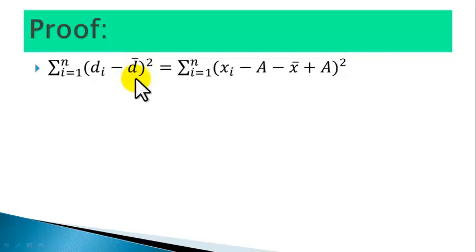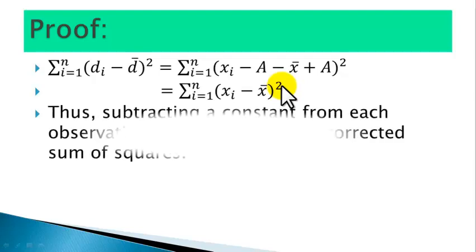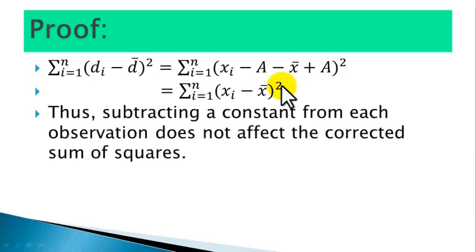So minus into x bar minus a will give us minus x bar plus a. Clearly minus a plus a will cancel out, so this will then give us sum as i goes from 1 to n of xi minus x bar all squared. Thus, subtracting a constant from each observation does not affect the corrected sum of squares.